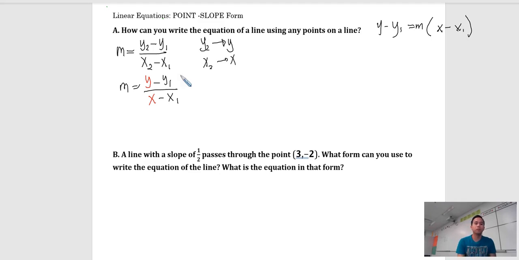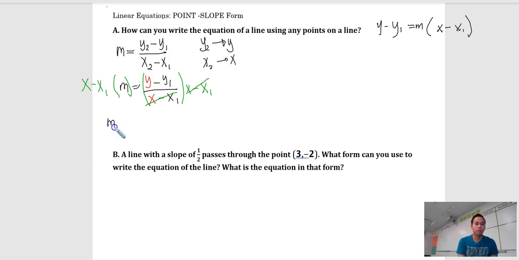to have point slope form. Then I'm going to rearrange this by multiplying both sides by x minus x1. Of course, this will cancel here, so we only have m.